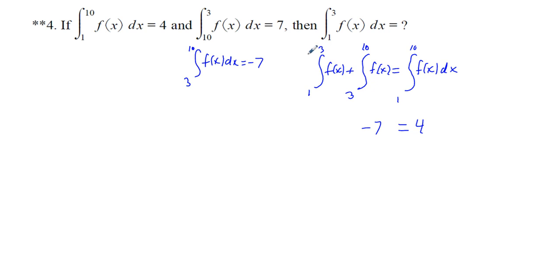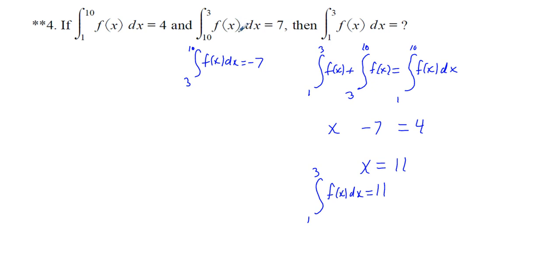And then we want to find what this is here. So this is going to be an unknown. We can call this x. x minus 7 equals 4. So x is therefore equal to 11. So therefore the integral from 1 to 3 of f(x) dx is equal to 11.